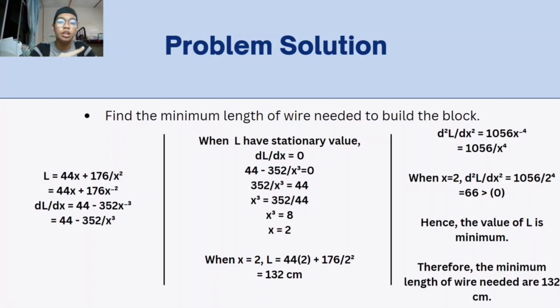And we'll substitute the value of x equal to 2 into that equation, and this will give us a value, and that is 66, which is more than 0. Therefore, the value of L is minimum, and finally, the minimum length of wire needed is 132 centimeter.